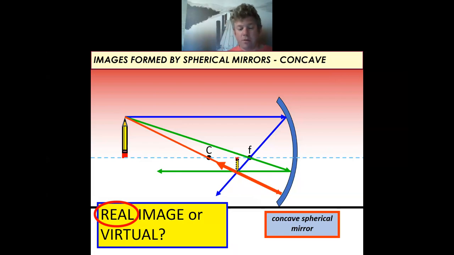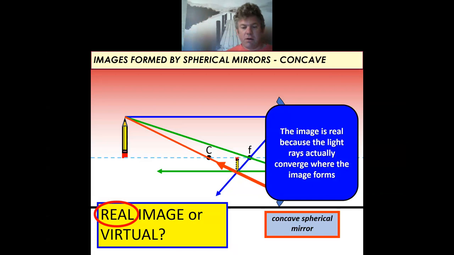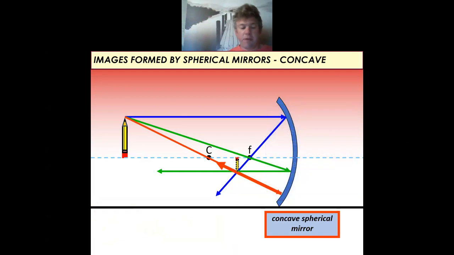And this is why if you were holding up that spoon like we saw, with the curved portion of the spoon facing away from you, you're going to see a real image of you. The image is real because the light rays actually converge where the image forms.